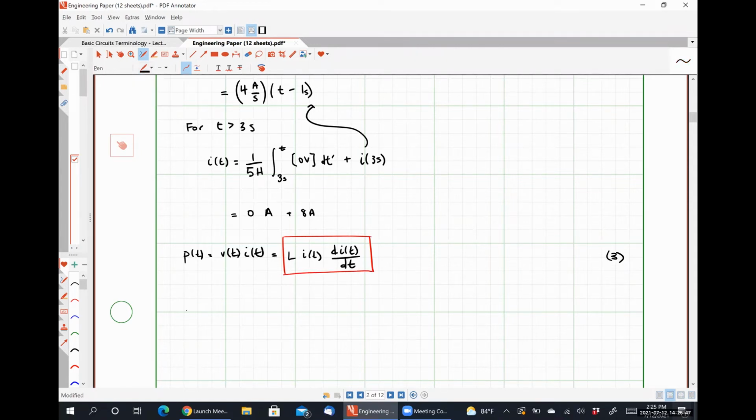And our energy relationship, which I'm going to skip the derivation of because it is absolutely identical to what we did with capacitors, winds up becoming 1/2 L I squared.